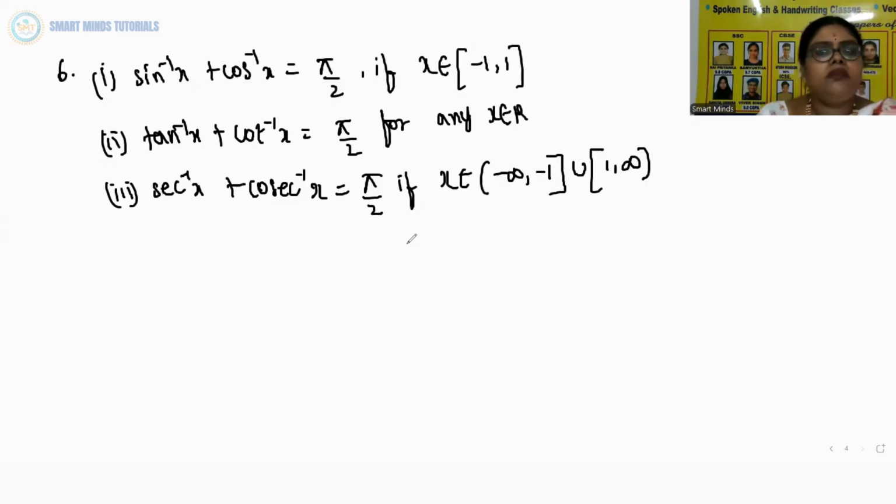So what does it mean? This is the interval when x does not lie between minus 1 and plus 1. X is less than minus 1 or x is greater than 1. So this representation means x does not lie between minus 1 and plus 1.